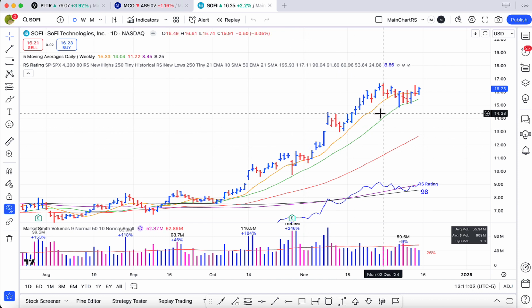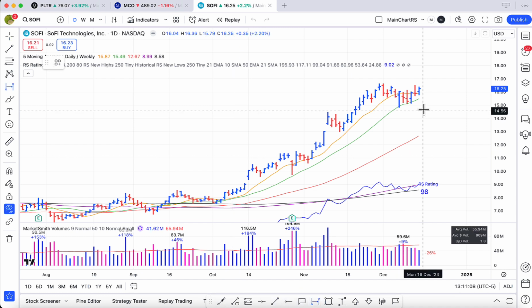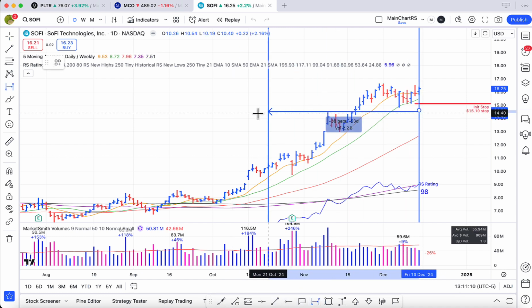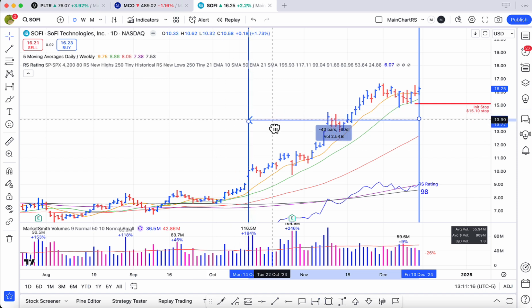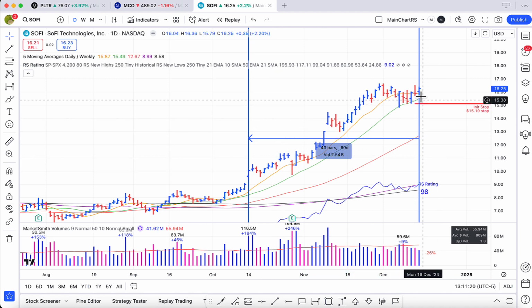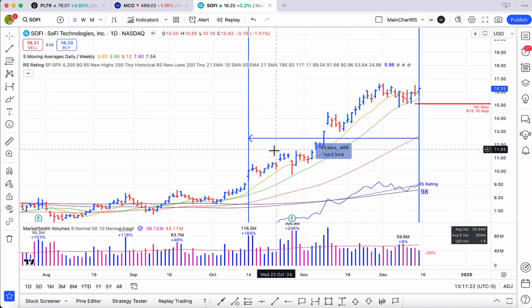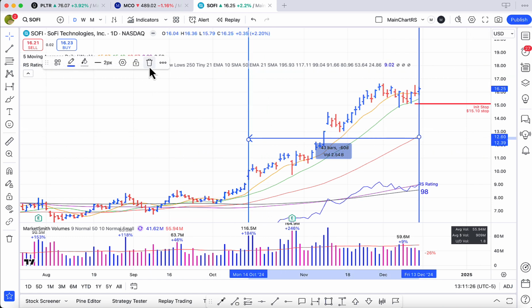Now you can draw the line where you want to, but if we wanted to just say, what does it look like for these past days, you can draw a block, for example, and then simply count how many blue days versus red days. And that's a data point.